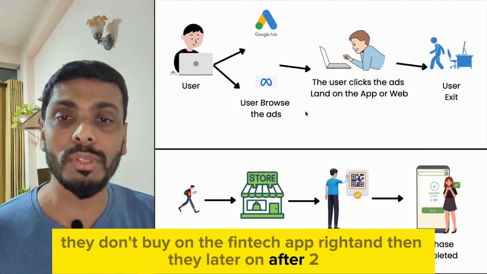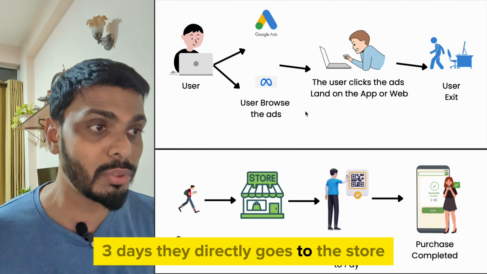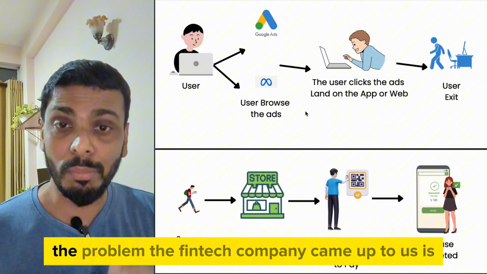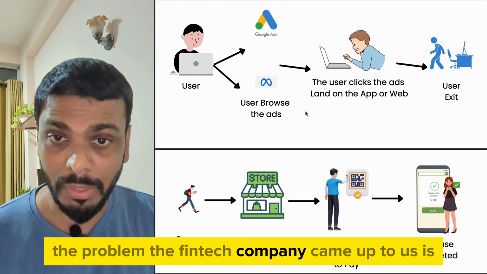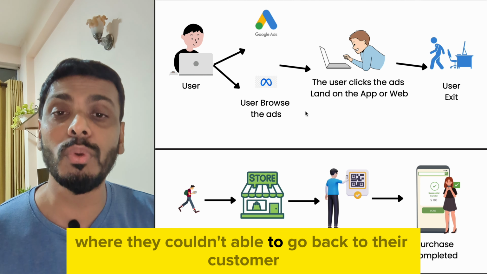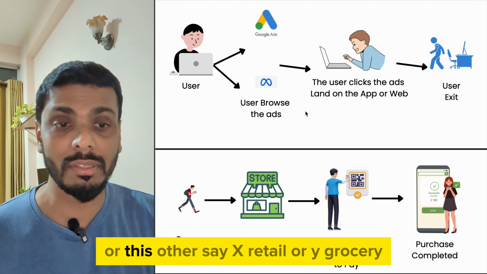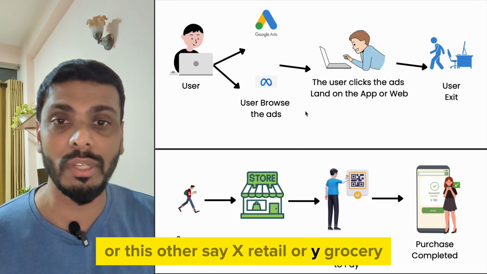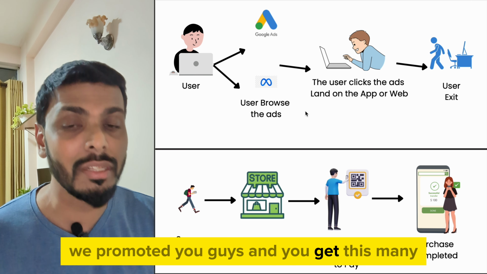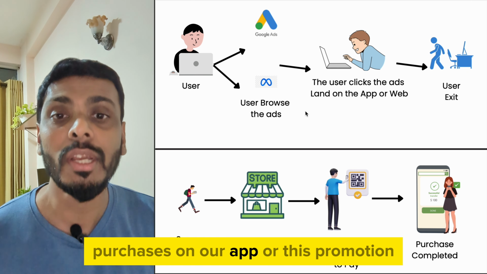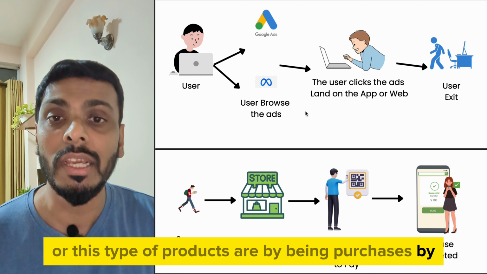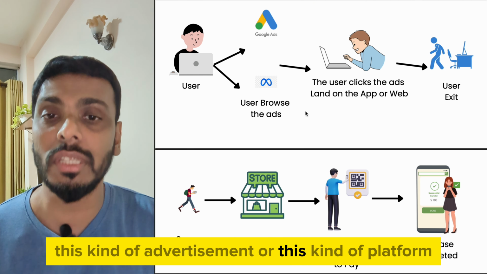Then after 2-3 days, they go directly to the store, scan the QR code, and purchase. The problem the FinTech company came to us with was that they couldn't go back to their customer, say retail X or grocery Y, and say, here we promoted you and you got this many purchases on our app, or this promotion, or this type of products are being purchased through this kind of advertisement or platform.